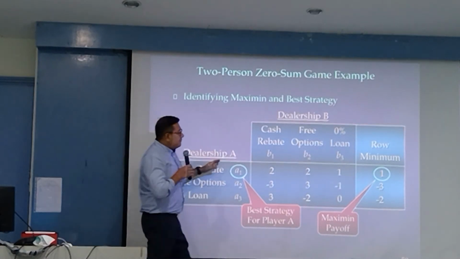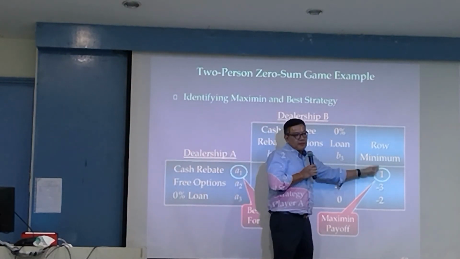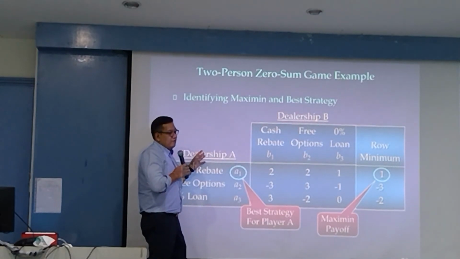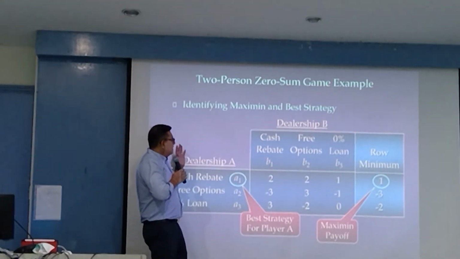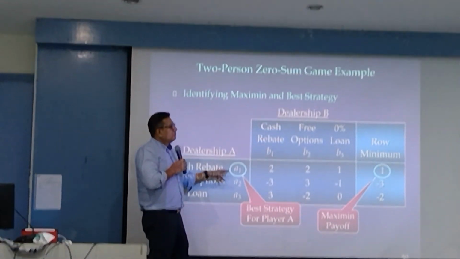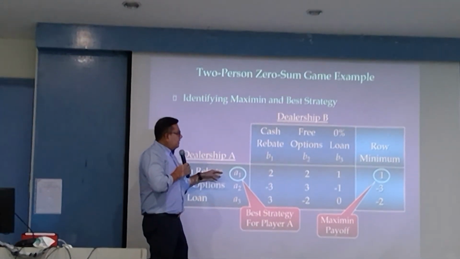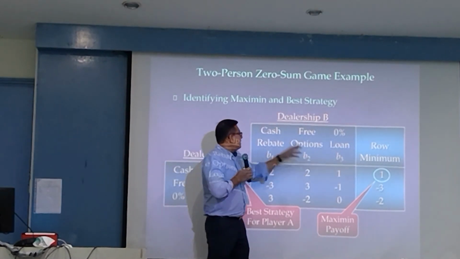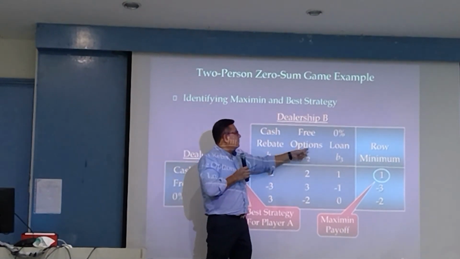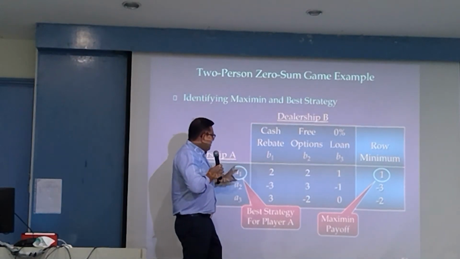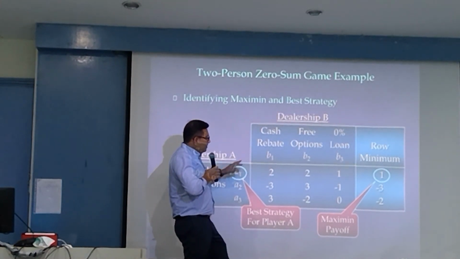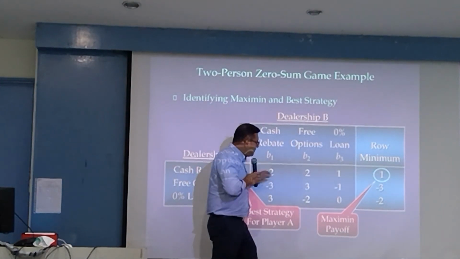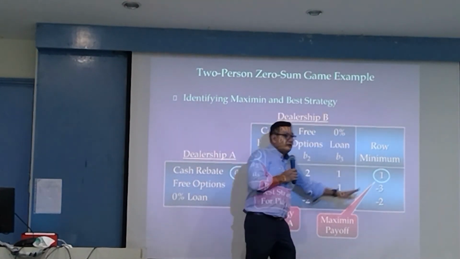We consider the minimum percent gain that this dealer can get from each strategy. Let's say strategy A1. If company A uses strategy A1 and company B uses B1, B2, B3, which are cash rebate, free option, and 0% loan, company A can get a 2% gain, 2% gain, and 1% gain. So the minimum is just 1%.